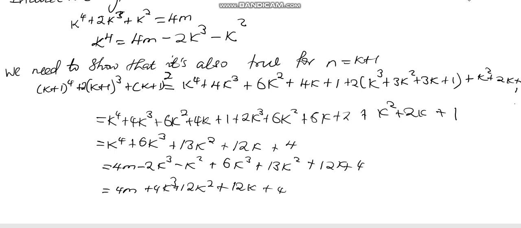Here we can factor out 4, so we have 4 times m plus k to the power 3 plus 3k squared plus 3k plus 1.